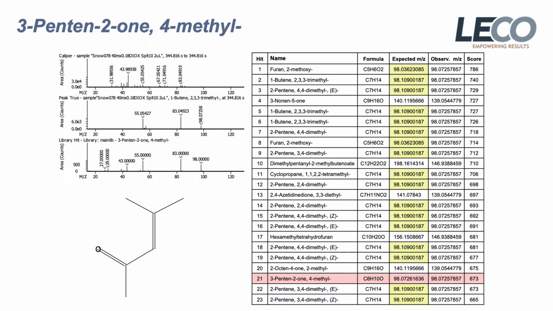The exact mass of this compound, 2-methoxyfurane, was wrong in comparison with the exact mass of our component. And again, we had to go down along the hit list, and the correct mass was found only in hit number 21, which is 4-methylpentanone.